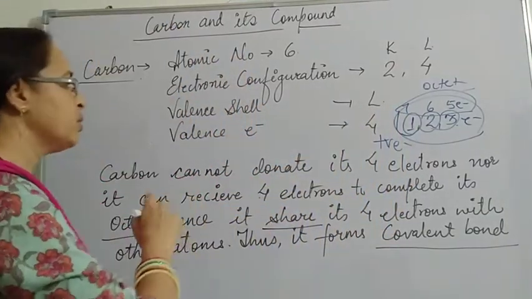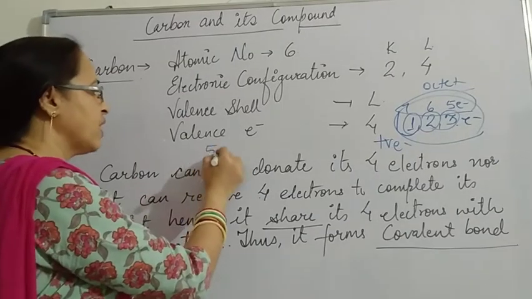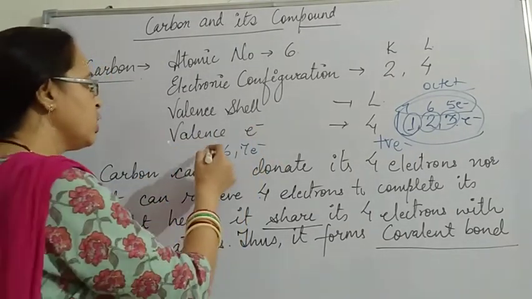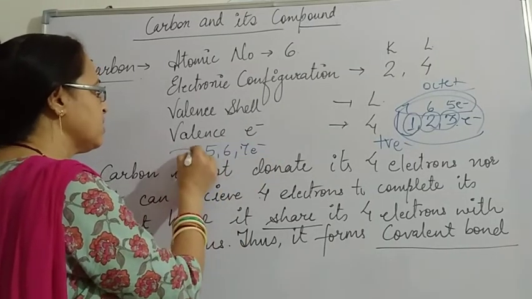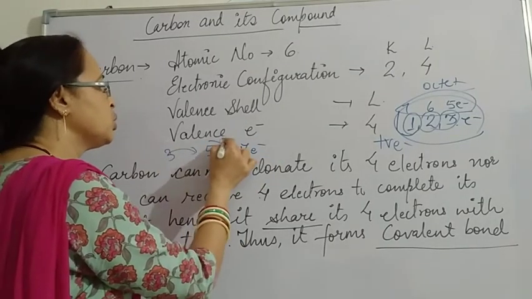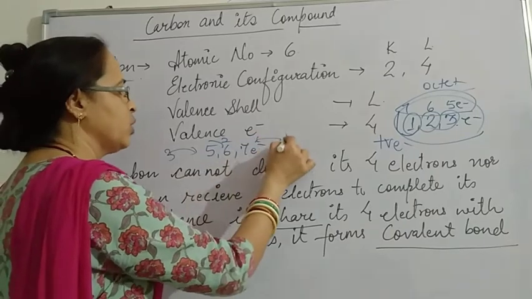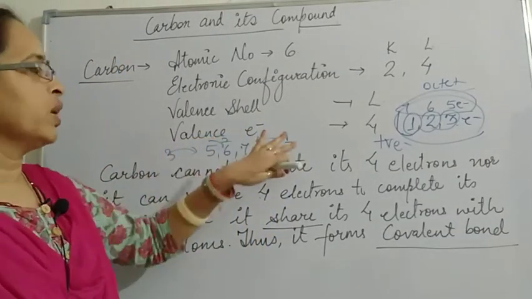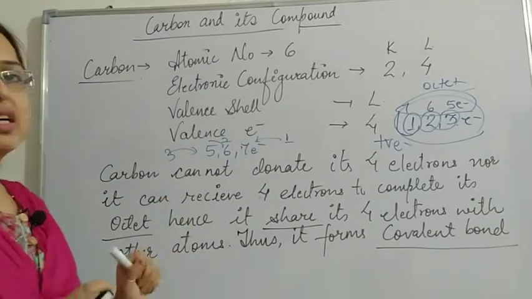But the elements having 5, 6 and 7 electrons in the outermost orbit gain 3, 2 or 1 electrons to complete the octet.